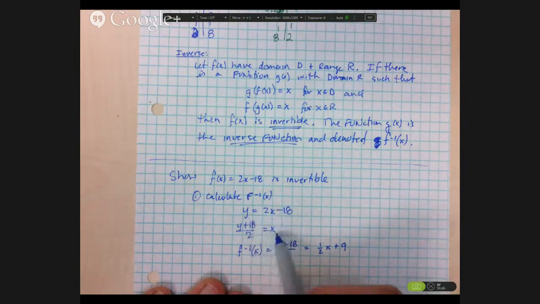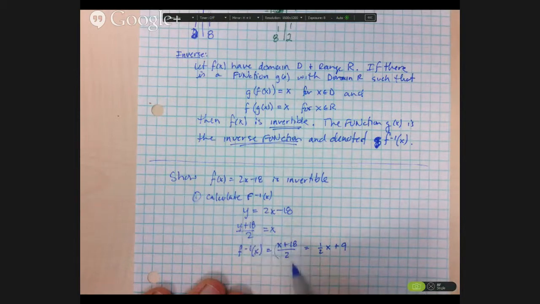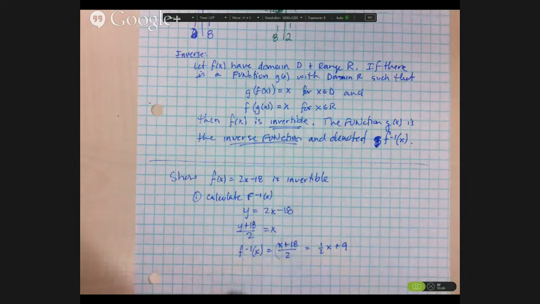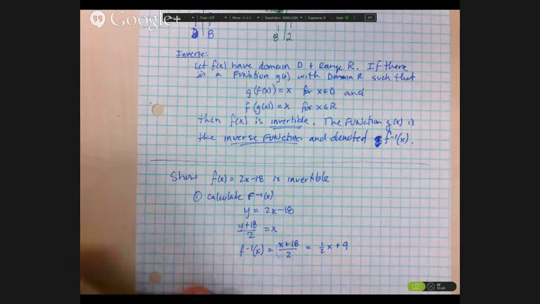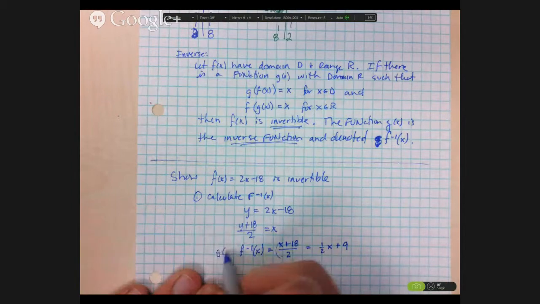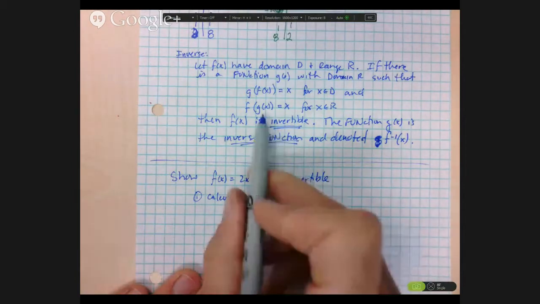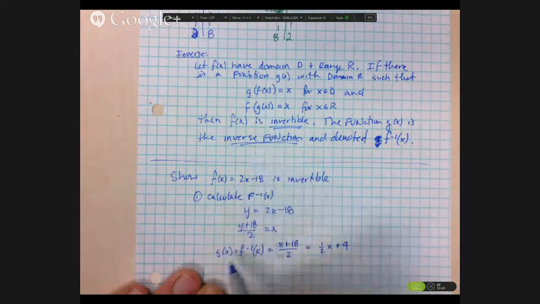Solve for x and then switch x and y. This is g of x in the definition.